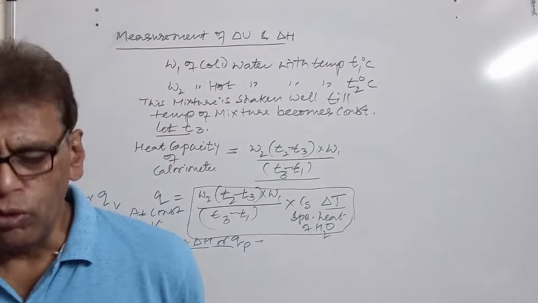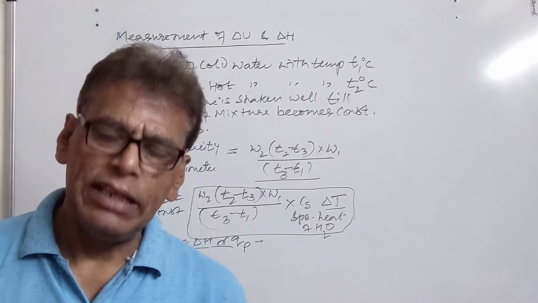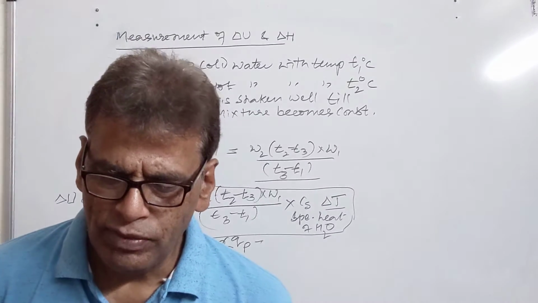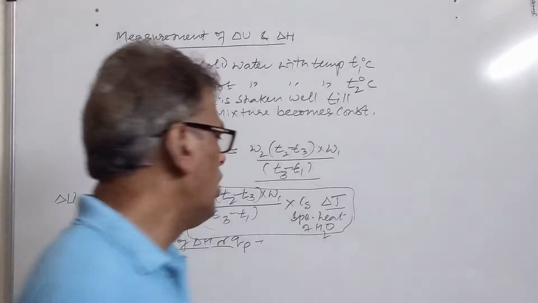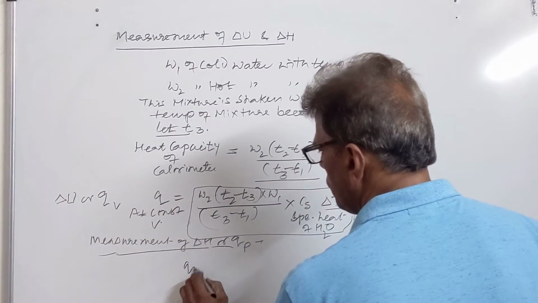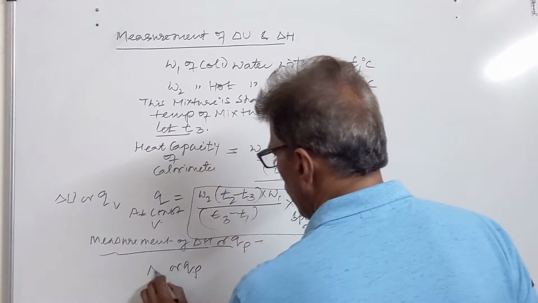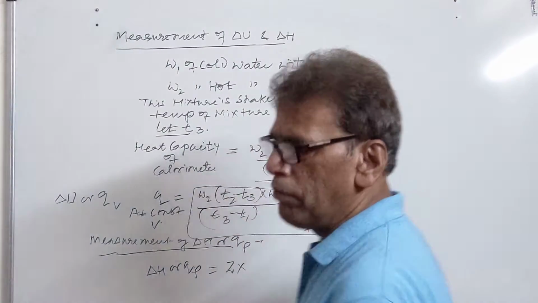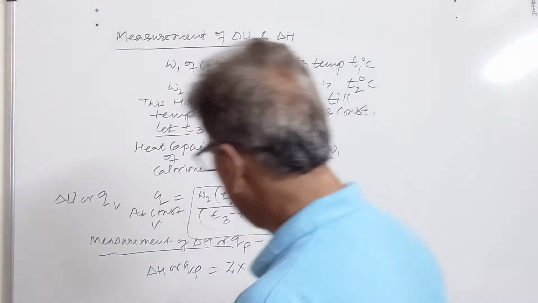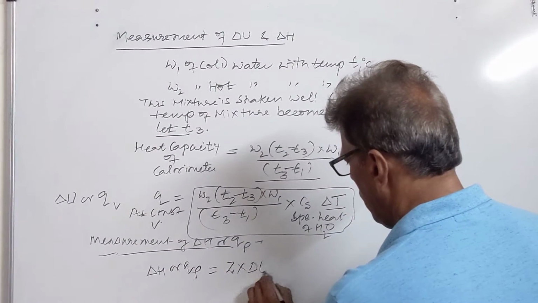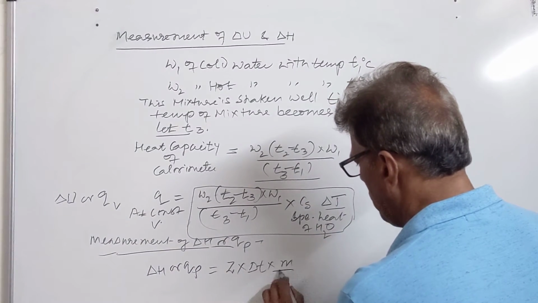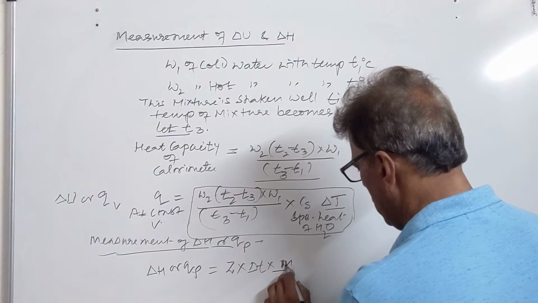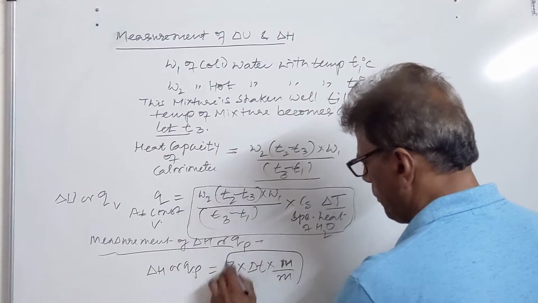It helps us to know the heat change or enthalpy change at constant pressure, that is given by the formula QP or delta H is equal to Z multiplied by delta T multiplied by capital M upon small m.